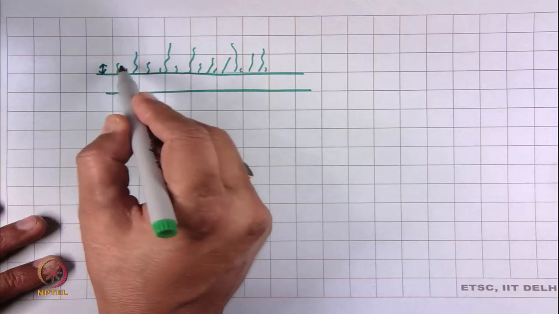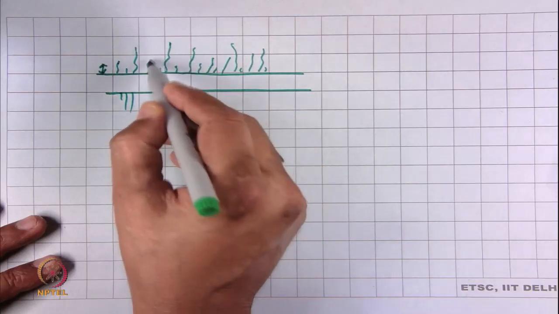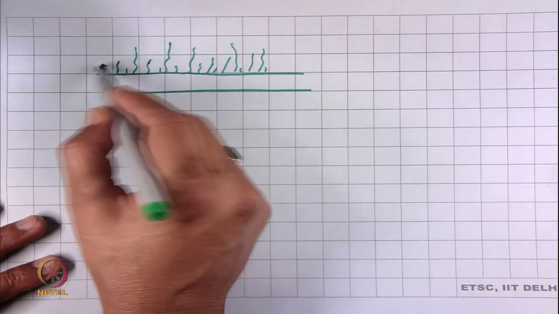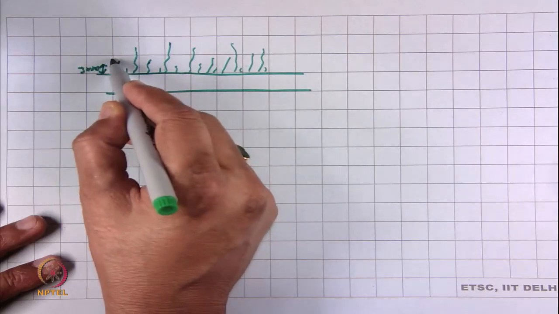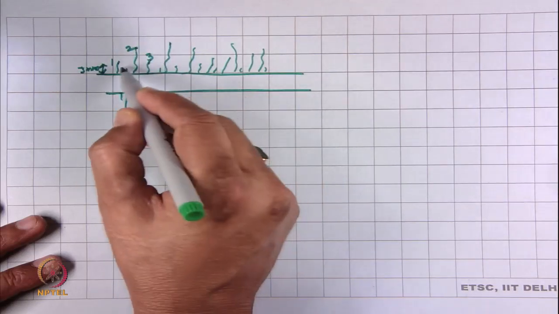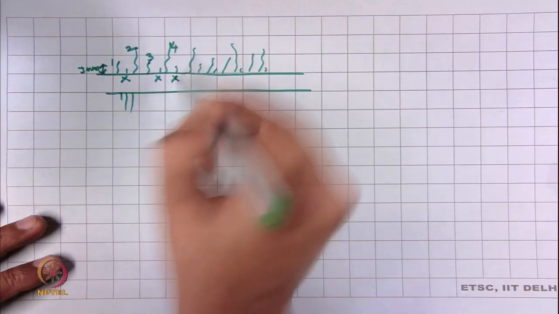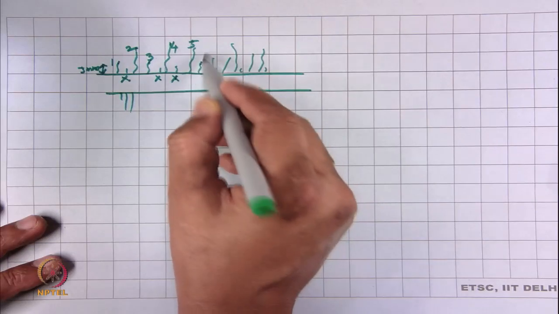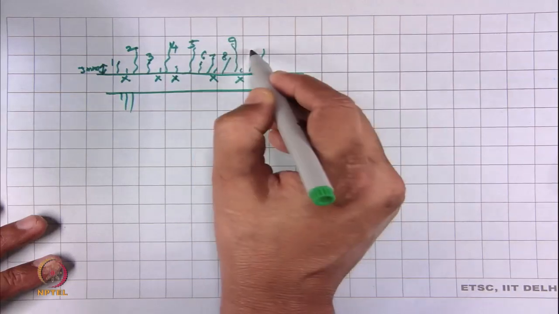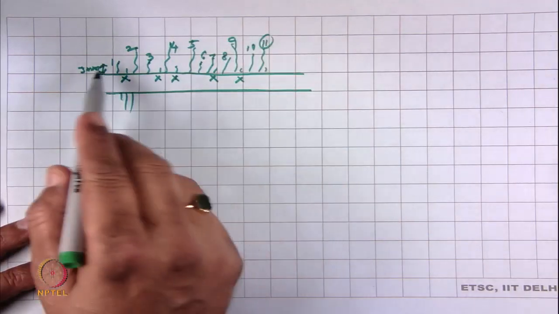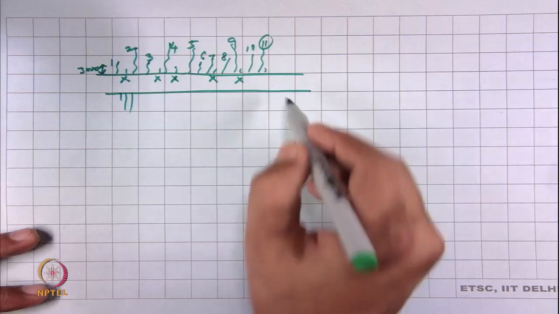It will count whichever hairs are more than 3 millimeter. So it will keep on counting: this is 1, it will count 2, 3, this will not be counted, 4, this will not be counted, 5, this is just below, 6, 7 not counted, 8, 9 not counted, 10, 11, in this way. So it will keep on counting the number of hairs per unit length.